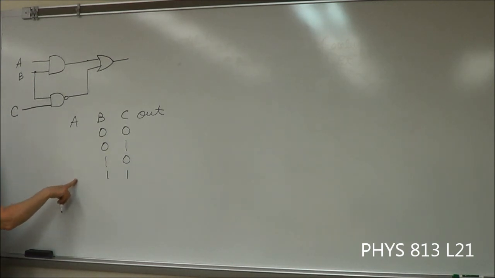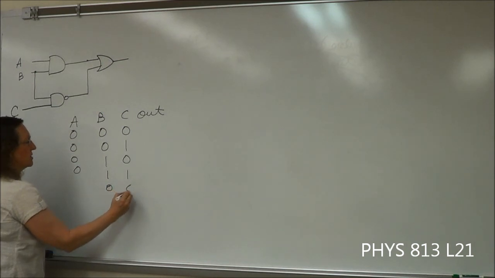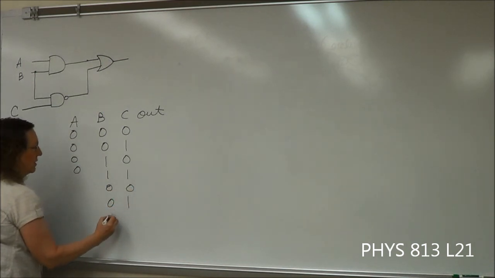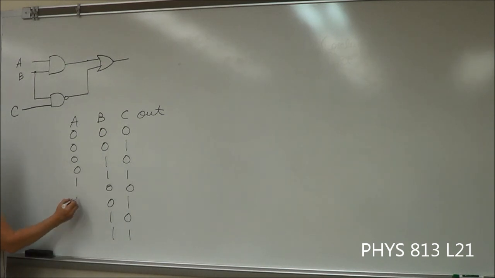And then for A, we can put 0 with all 4 of those. Now we can just repeat this and do 0, 0, 0, 1, 1, 0, 1, 1, and put a 1 out here in front of all 4 of these. That's the easiest way to get all the combinations, because just randomly trying to figure them out is not a good way.